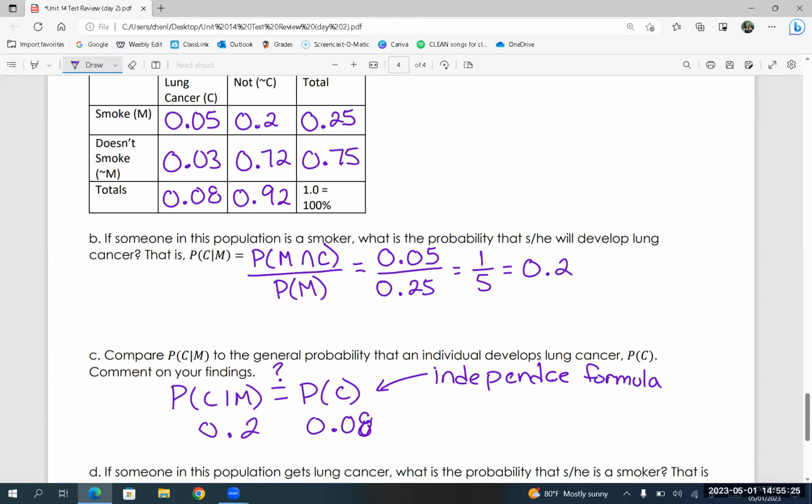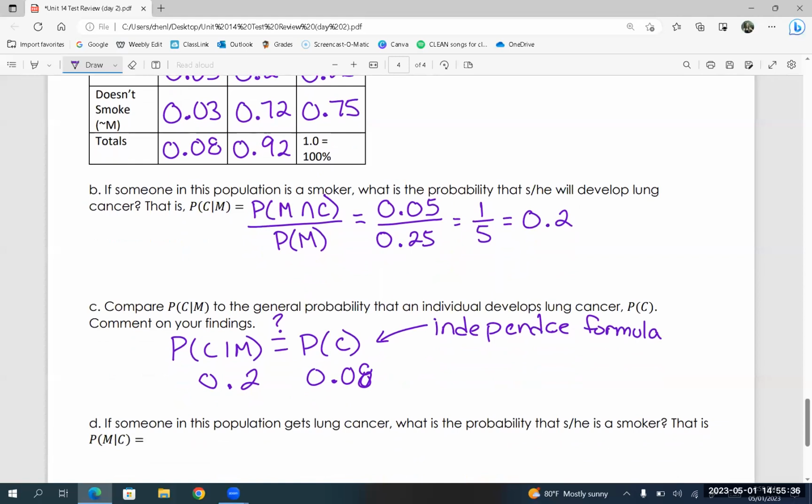Of those who smoke, there's a 20% chance of getting cancer, whereas out of everybody, there is an 8% chance of getting cancer. So they are dependent events. Smoking affects the outcome of getting cancer.